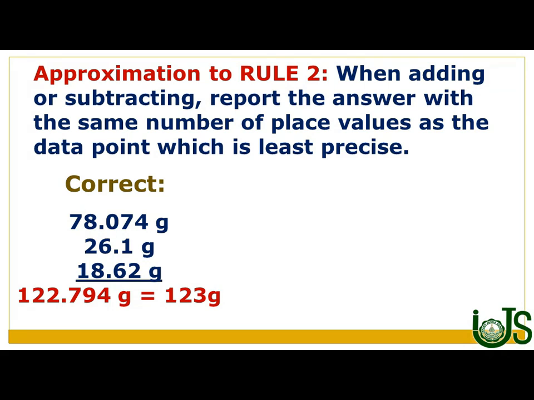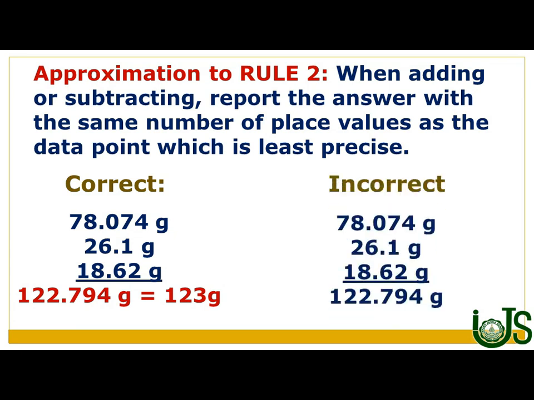So you add this, your final answer is 122.794 grams or approximately 123 grams based on the least number of significant figures. Dito naman sa kabila, this is the incorrect way kasi we follow the highest number of significant figures, dapat yung least number of significant figures ang ginagamit. So is it clear?